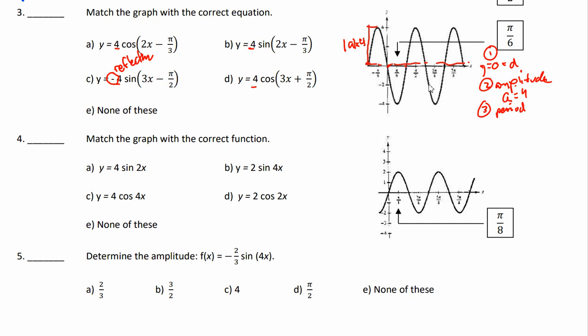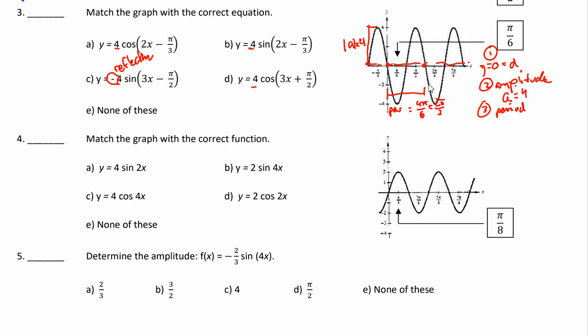So we can see from here, up and down, and then starting right there, it is going from here to there. What it appears to be is 1, 2, 3, 4, 4 pi over 6, which is 2 pi over 3. So 2 pi over 3 appears to be our period.